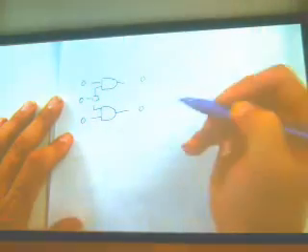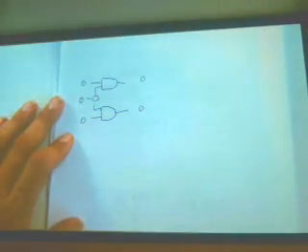Let's start off by saying this guy is 0, or disable, not enable, disable, or inhibit. Okay? If this guy is 0, and this guy is 0, the outputs are obviously 0 and 0, correct? What if this guy is 0 and this guy is 1?